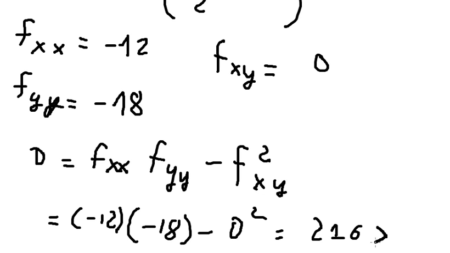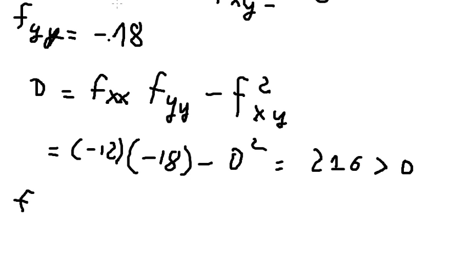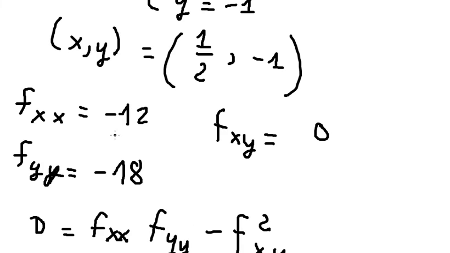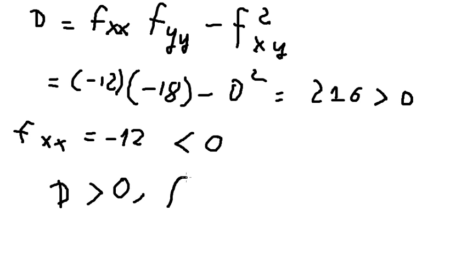And this one is greater than number 0. So we need to consider f_xx, because for this one we see that this is negative number 12 and this is smaller than number 0. That means we have the condition D is greater than number 0 and f_xx is smaller than number 0. So that is about relative maximum.